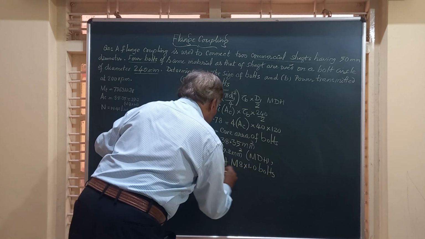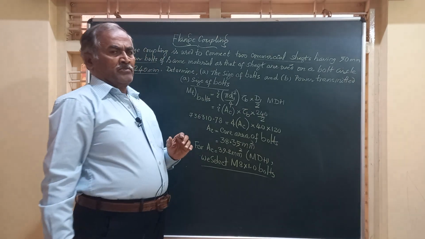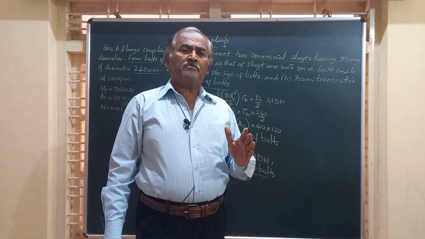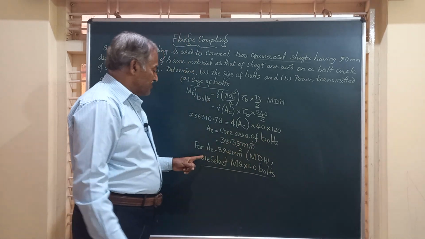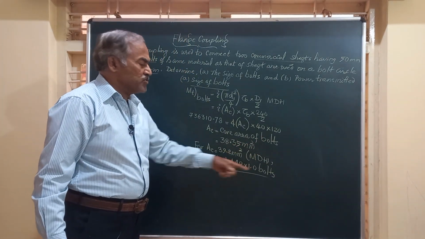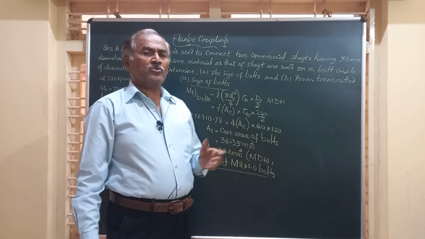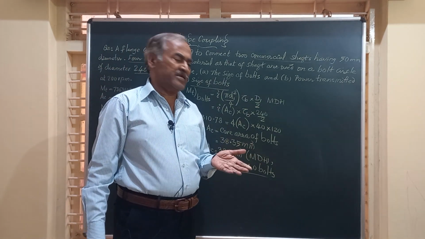That is, friends, when you have the core area, you will be able to get the standard size of the bolts like M8 into 1.0. So what is this M8 into 1.0?